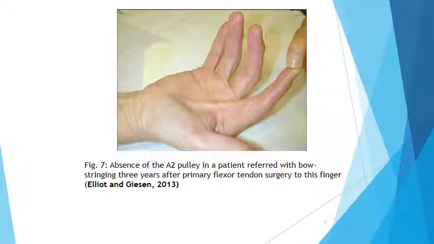You can see how the tendon lifts into the palm and is not in close connection with the bone anymore. So it is important to repair the A2 and the A4 pulleys, as they are crucial in preventing bowstringing. If there's a digital nerve repair, discuss this with your surgeon. You may want to place that digit in slight flexion for 2 to 3 weeks to give that nerve adequate time to heal.